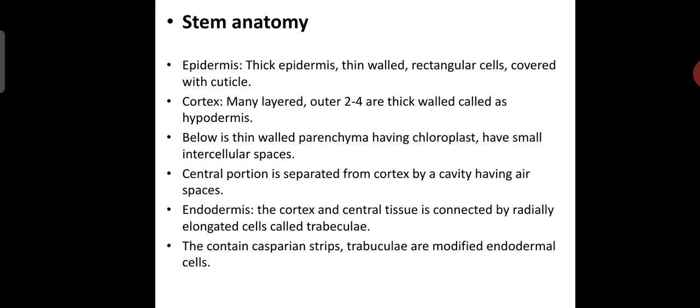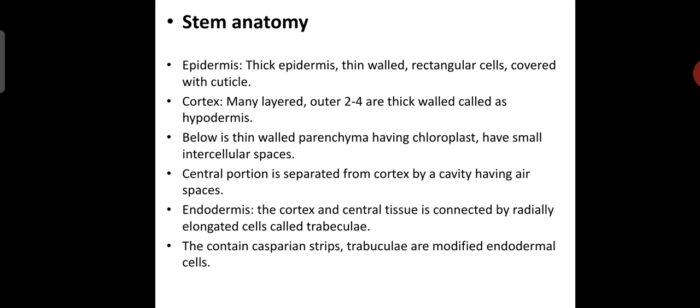Below is thin-walled parenchyma having chloroplasts and small intercellular spaces. The central portion is separated from the cortex by a cavity having air spaces. The cortex and the central tissue are connected by radially elongated cells called trabeculae.